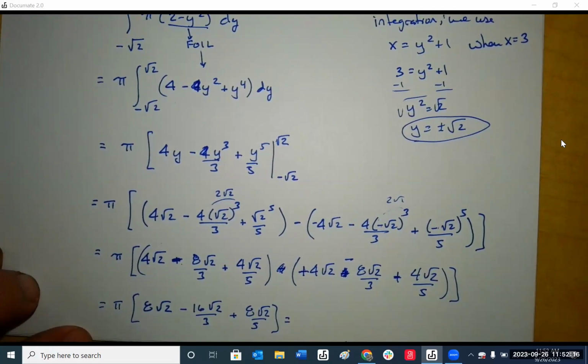15 is the LCD. So 15. This one's times 5.